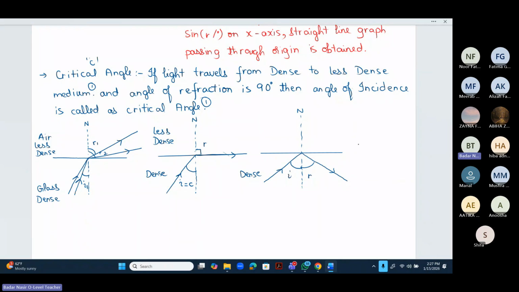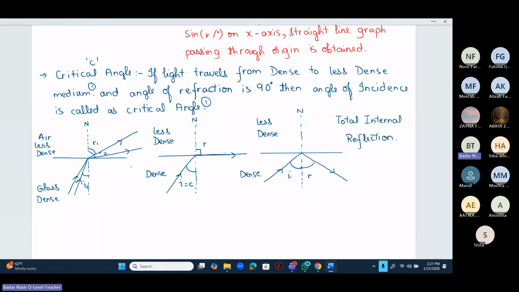Okay, so this is called as total internal reflection. So this diagram is for the total internal reflection.